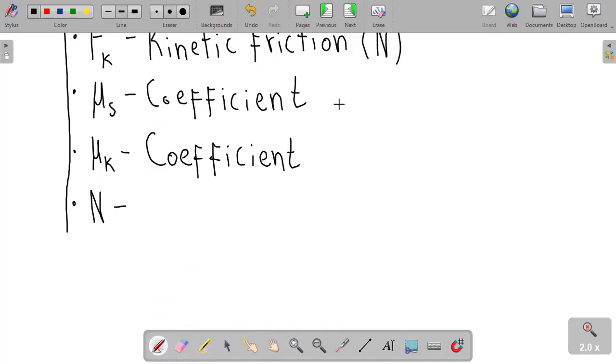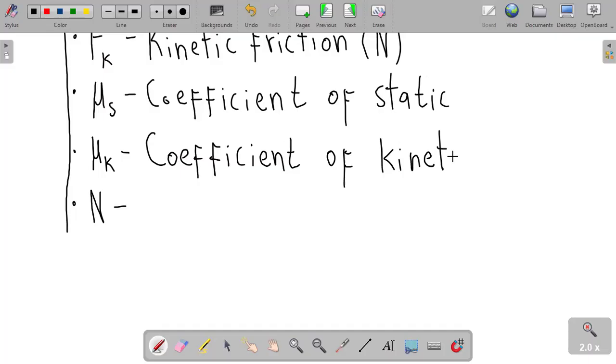Coefficient of static friction and coefficient of kinetic friction.